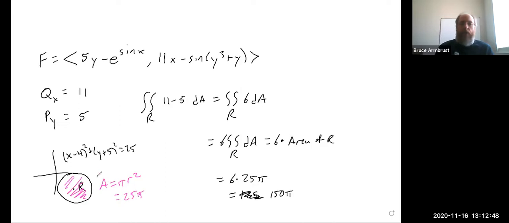And so if we are going to try to do this, you could do it in rectangular, solve it for y, get your plus or minus square root business for top and bottom, and then your x's are going to go from negative 1 to 9, I think, right? Or solve for x's and have your y's go from negative 10 to 0.